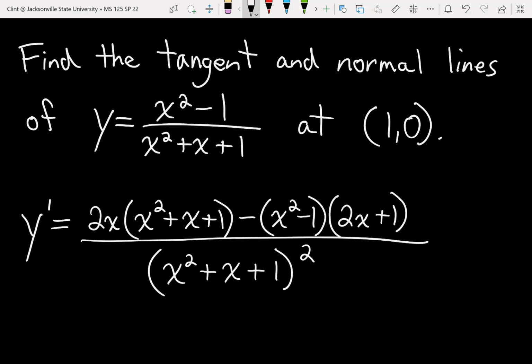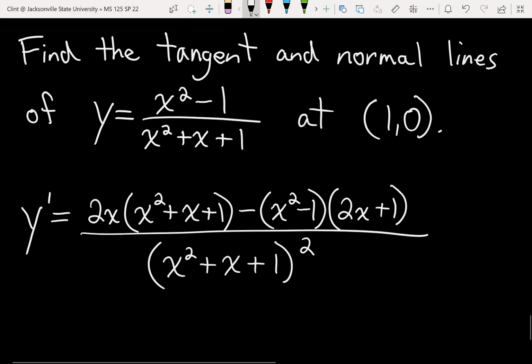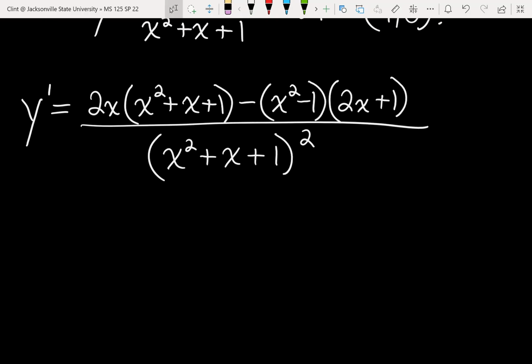I'm not going to mess with simplifying because all we want is the slope of the tangent line at this point. So what does that mean for all these x's? We get to substitute them for 1. So really we just have some arithmetic. I'm going to write y prime evaluated at x equals 1.